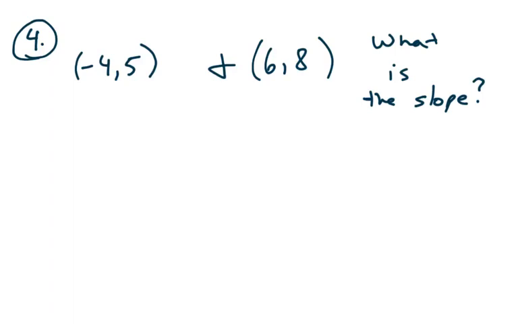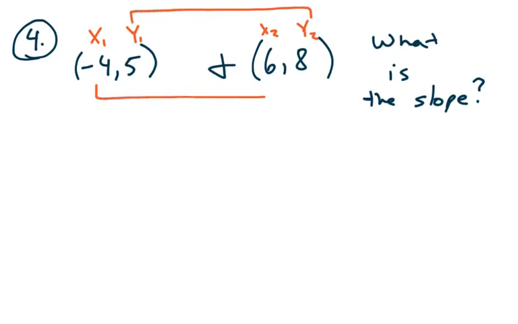Okay, so I'm going to assume you've given it a go, and let me label this. This is x1, y1, x2, y2. Like I said, once you understand what's going on, it makes more sense to just jump straight into the formula, the change in y over the change in x. By the way, I don't have to do y2 minus y1 over x2 minus x1.